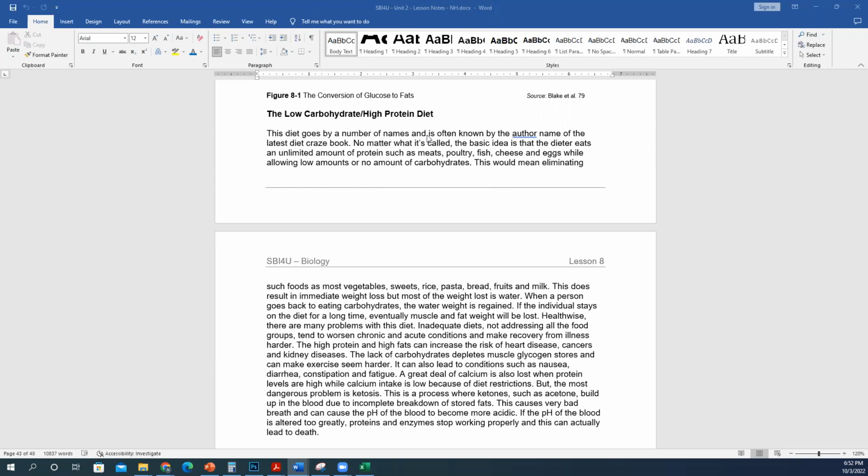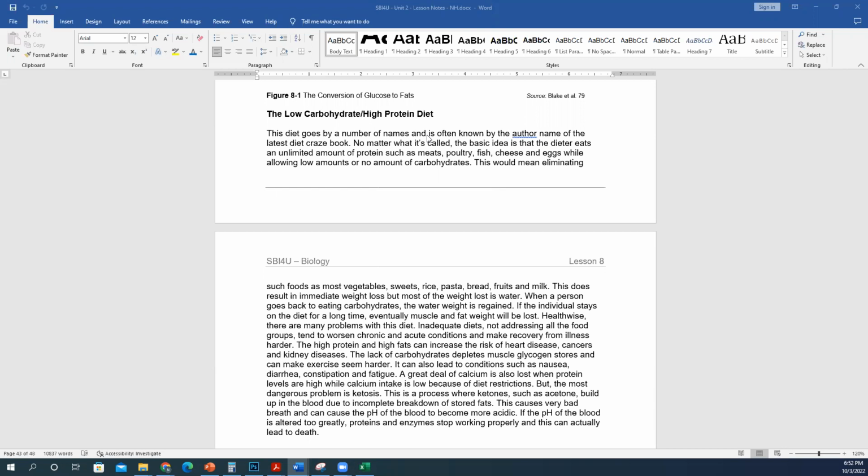And this means eliminating such important foods as most vegetables are not allowed, certainly no sweets, rice, pasta, breads, fruits, and milk and dairy. So this really results in an immediate weight loss, but most of that weight loss is a result of water.